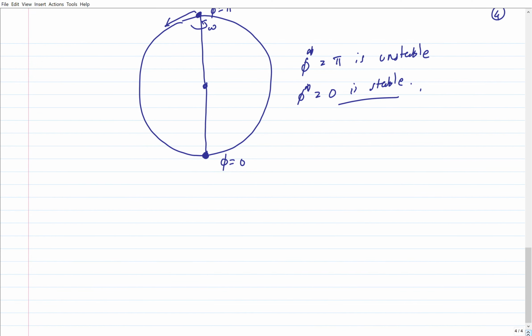So what about the other set of fixed points? Now I have cosine phi star equals g by omega r square.